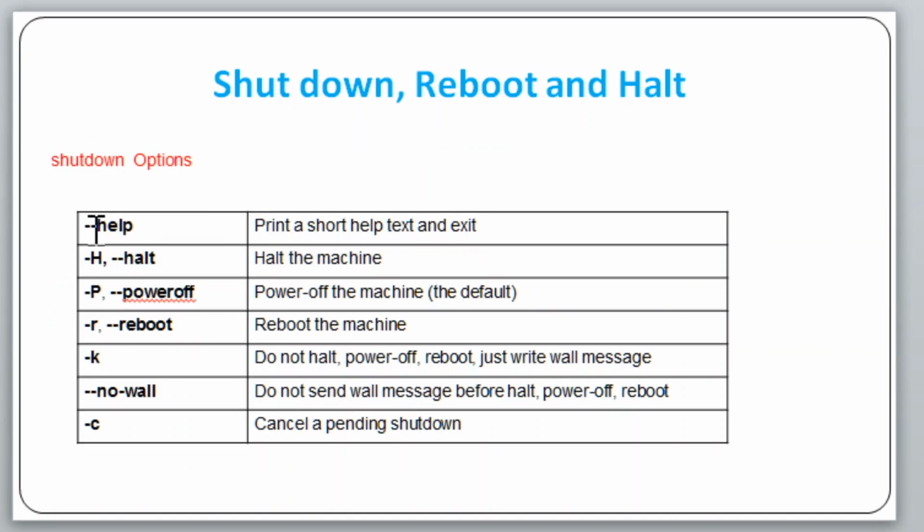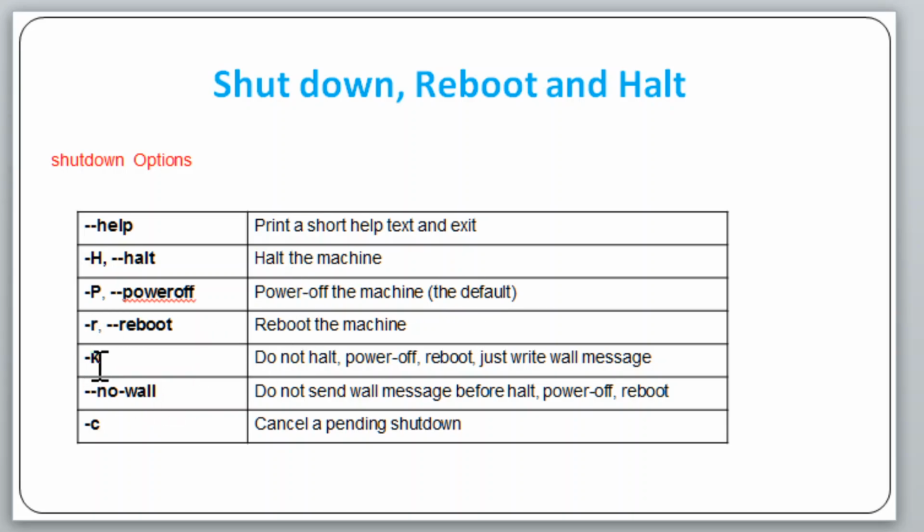Let's take a look at a couple of the options here for shutdown. We have --help, which we should be familiar with. It prints a short help text and exits. -H, which will halt the machine, or --halt, the full word. -P, which will power off the machine, and this is the default option, guys. And --poweroff will do the same thing. We also have -r, or --reboot, which is going to reboot the machine.